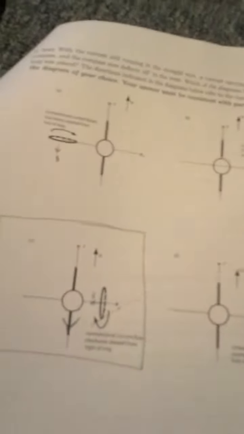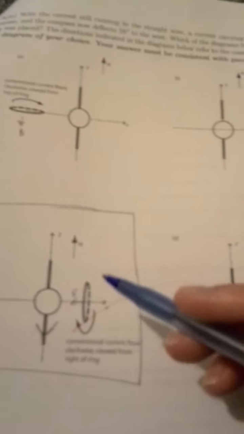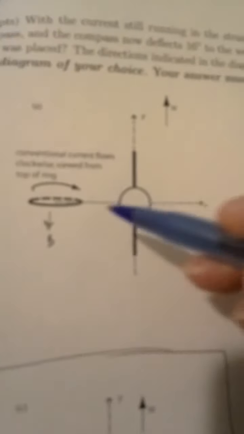So the way I did this was I used the right-hand rule to find which ring gave the B field that pointed to the west. So on this first one, the ring is going clockwise, which means the B field is going down. So that's wrong.